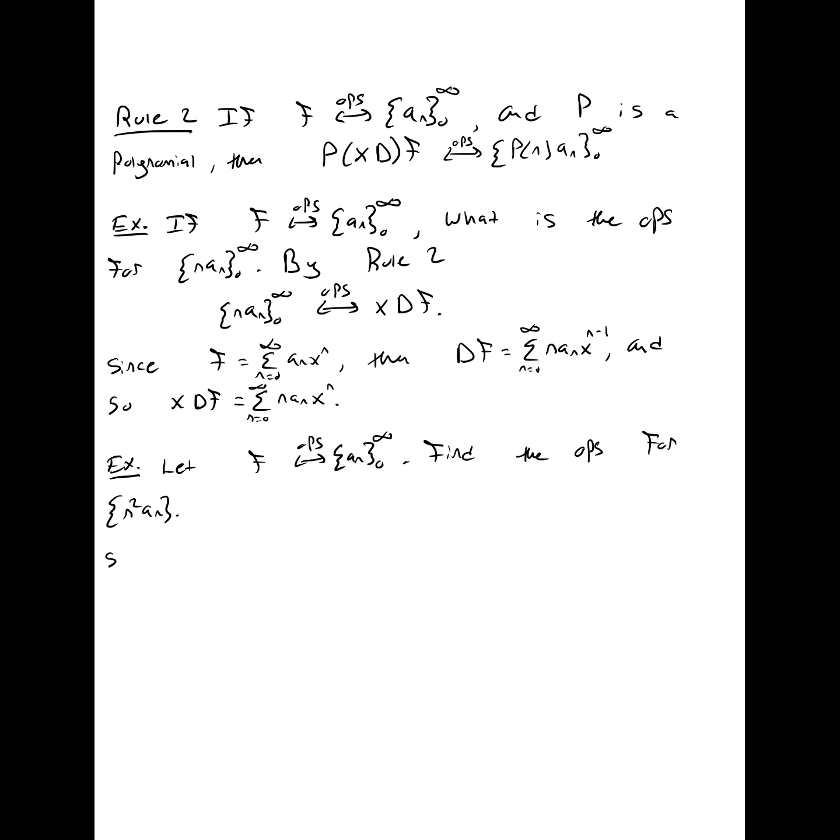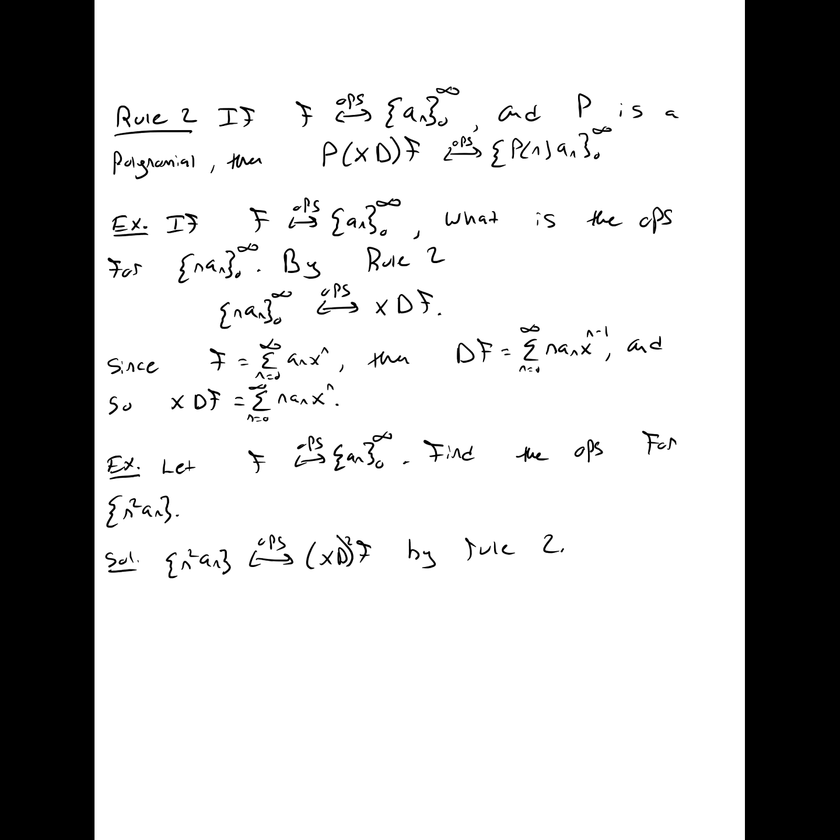Here's the solution. We'll say that n squared a sub n has the ordinary power series XD squared quantity f by rule 2.